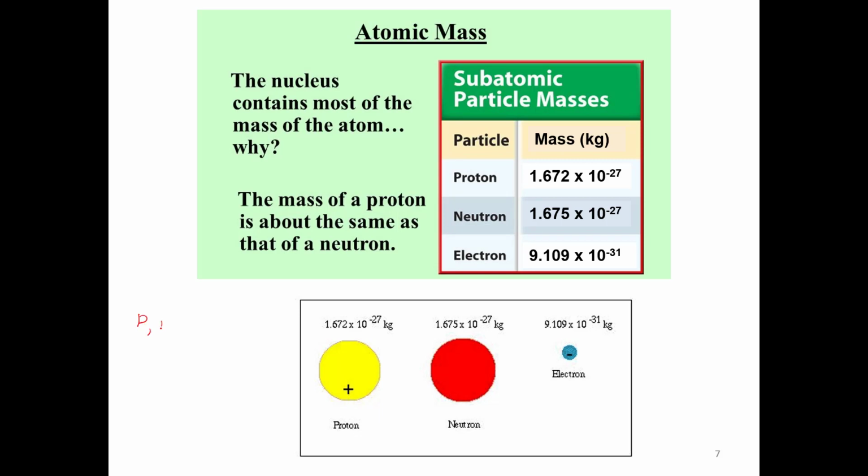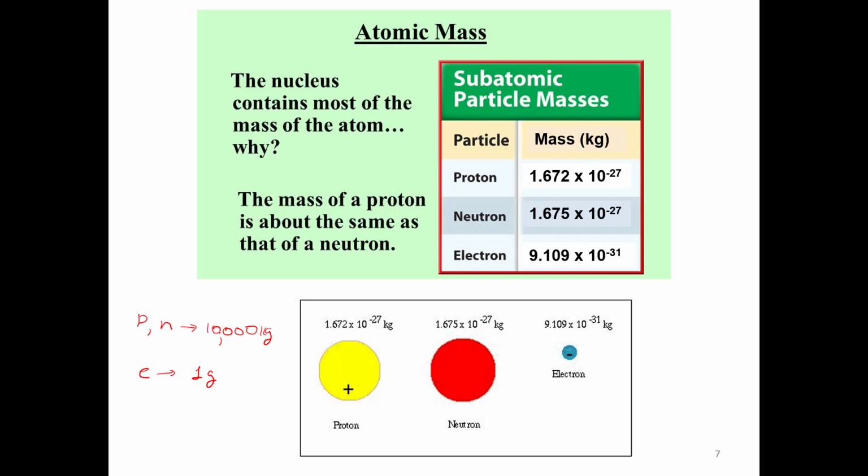If the mass of the proton or neutron is 10,000 kilograms, then the mass of the electron will be 1 gram. This is 1, 2, 3, 4 orders of magnitude. It's more or less the same proportion. Then if the mass of the electron is 1 gram, the mass of the proton or neutron will be 4 orders of magnitude larger than the mass of the electron.